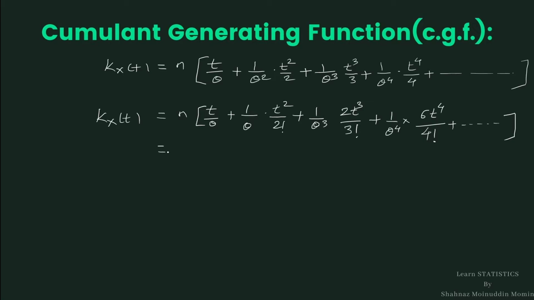Let me write one step more by multiplying n inside the bracket in order to find out the coefficients of t raised to r upon r factorial for the rth cumulant.